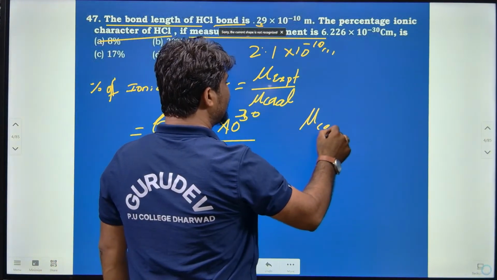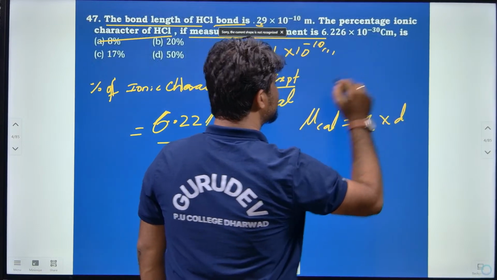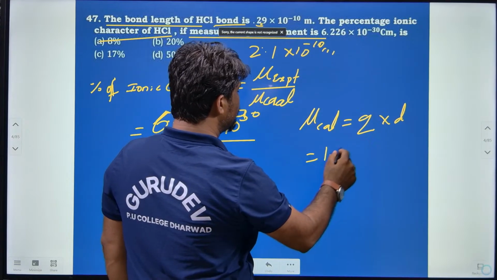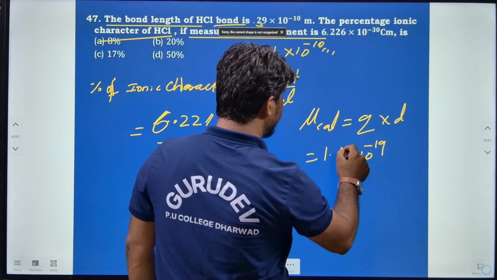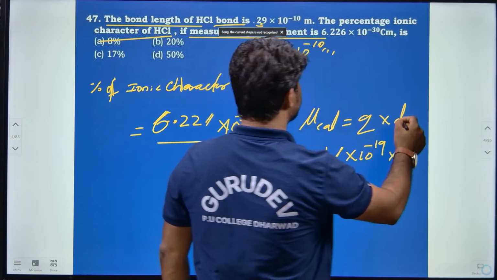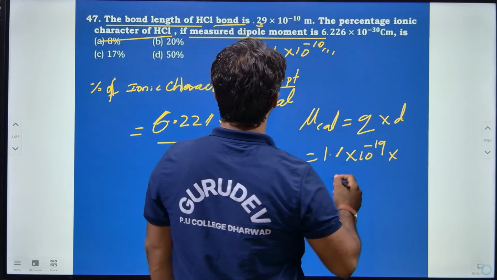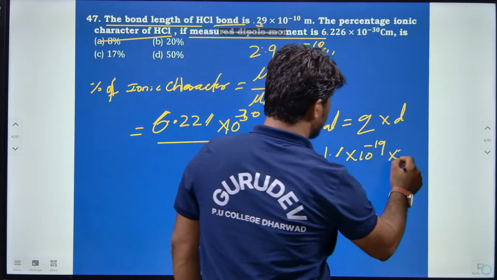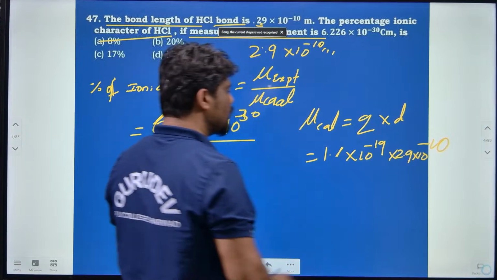That mu calculated is nothing but charge into distance. What is the charge here? That is 1.6 × 10^-19, into the distance in meters they have given, 2.9 × 10^-10.